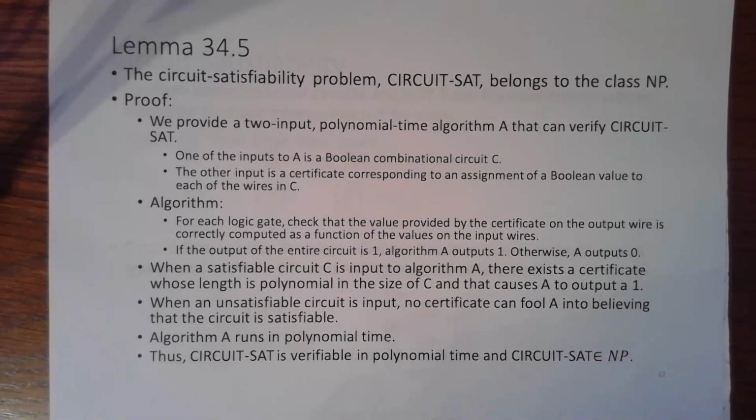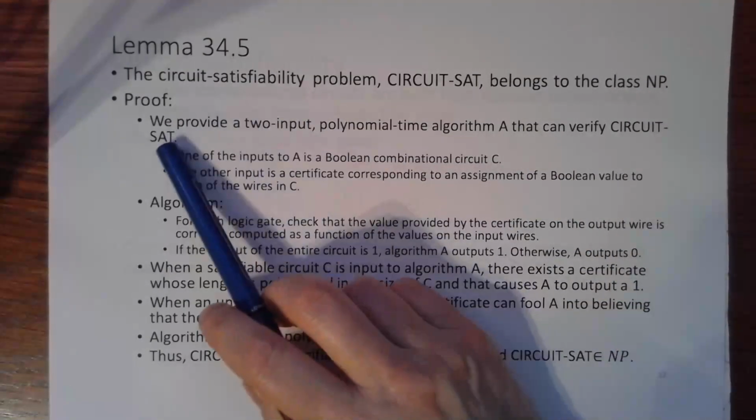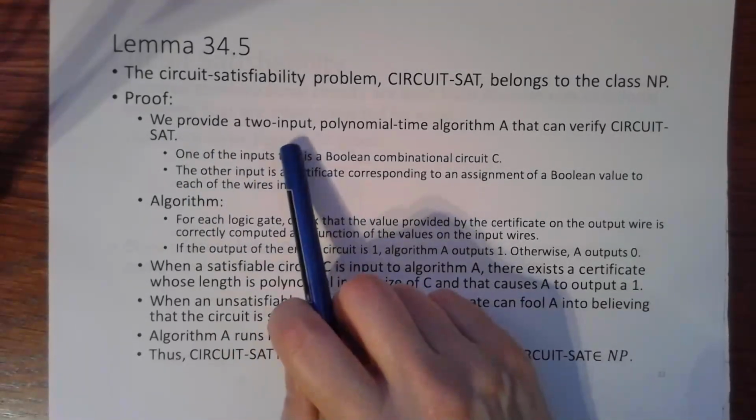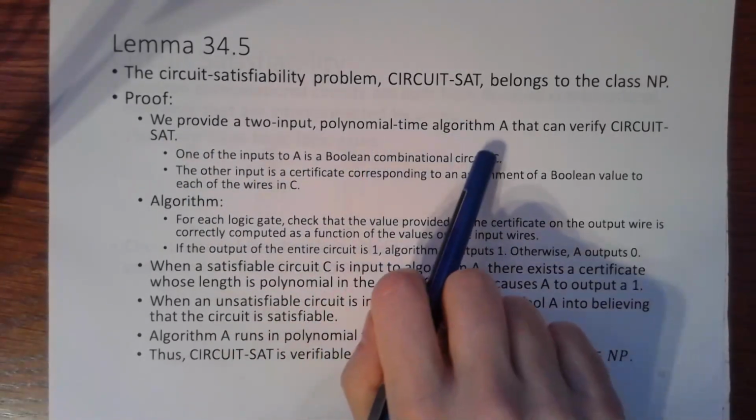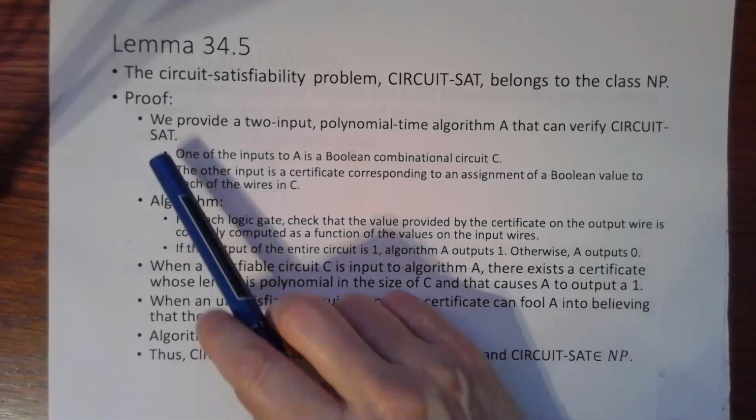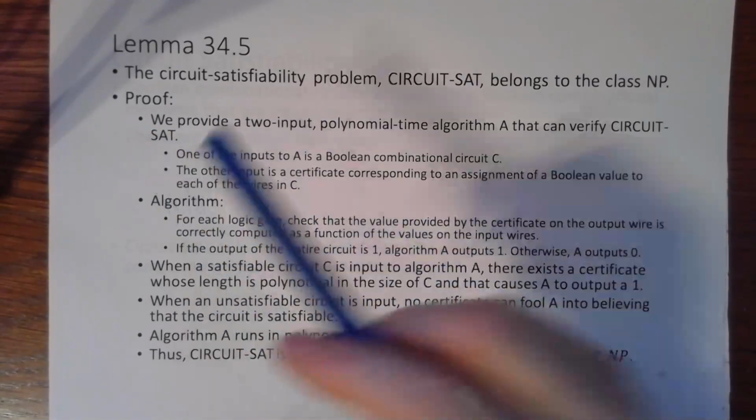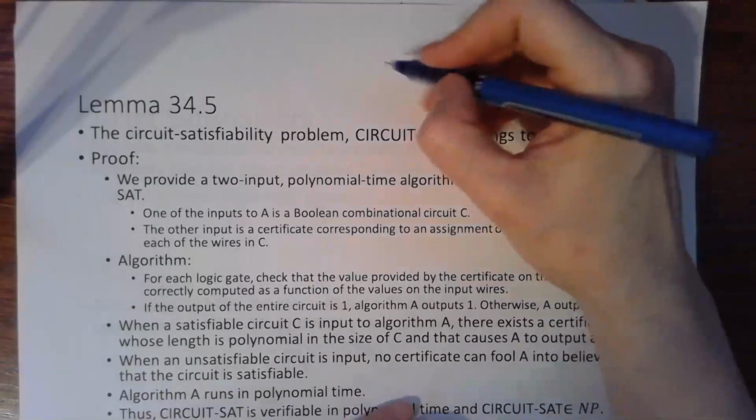Remember, something belongs to the class NP if we can verify a certificate or a solution for it in polynomial time. So our goal is to provide a 2-input polynomial time algorithm A that can verify circuit sat. If I were to draw a picture of this, I have an instance of circuit sat.